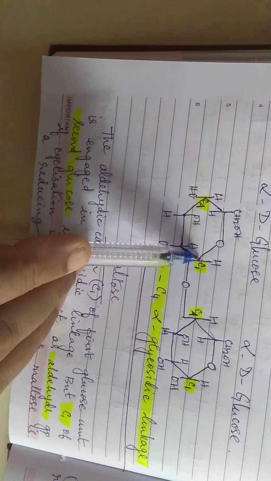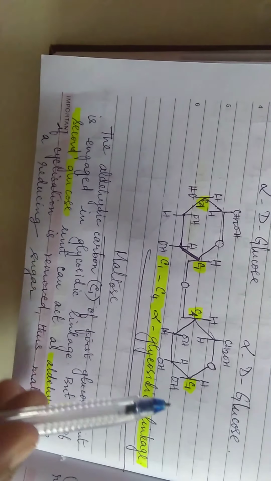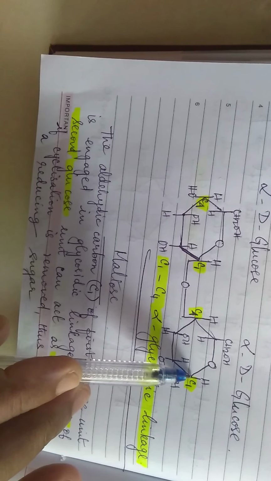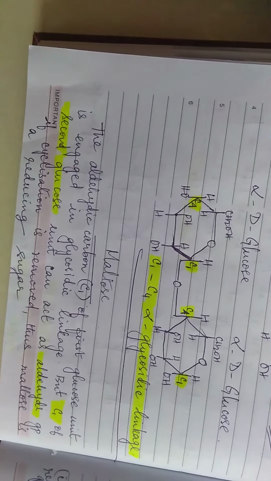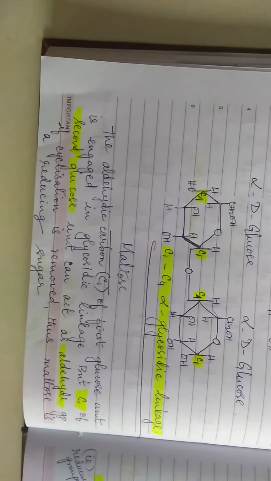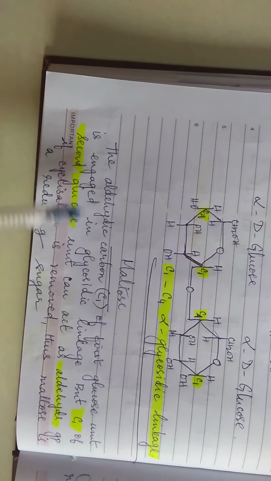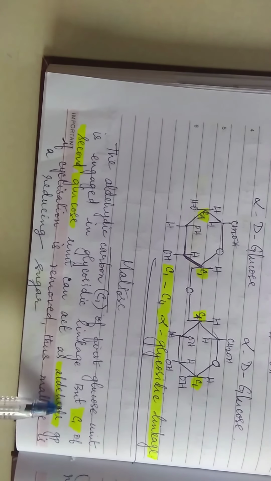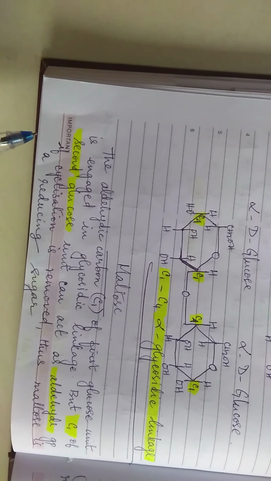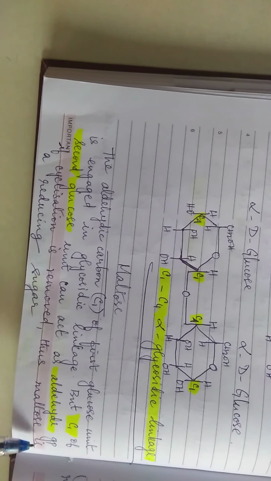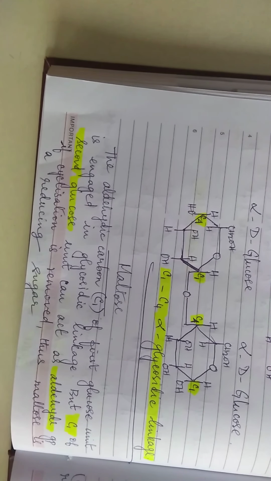This aldehyde is not available because it is held up in glycosidic linkage, but this aldehyde carbon is available. So maltose can act as a reducing sugar. That is what I have given here. The aldehyde carbon of the first glucose unit is engaged in glycosidic linkage, but the C1 of the second glucose unit can act as an aldehyde if cyclization is removed, and thus maltose is a reducing sugar. You need to know this very clearly.